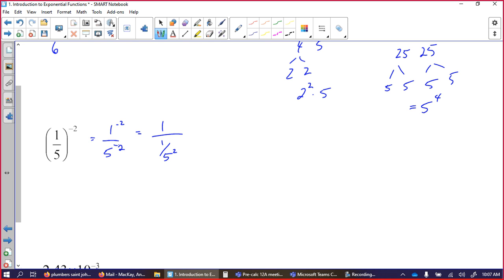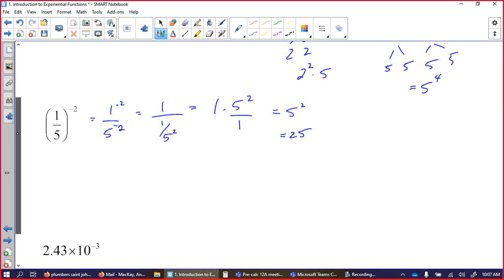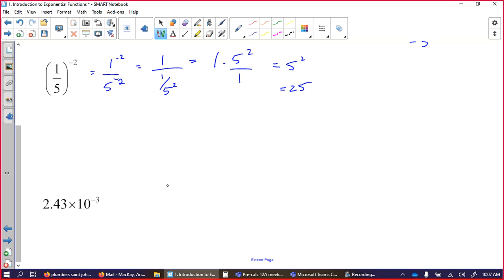Well, I don't like that. 1 times the reciprocal, which is 5 squared over 1, which is just 5 squared, or 25. So when you have these, you flip it over, change the sign. It's the same thing. I did that with grade 10s last semester, I think.